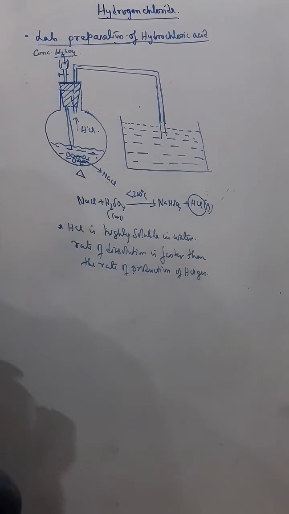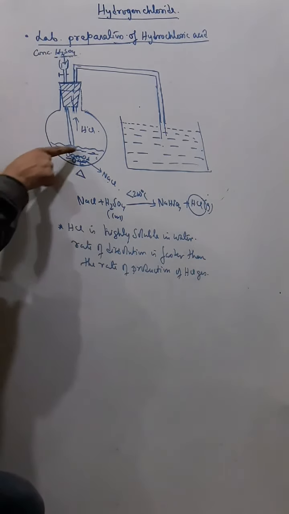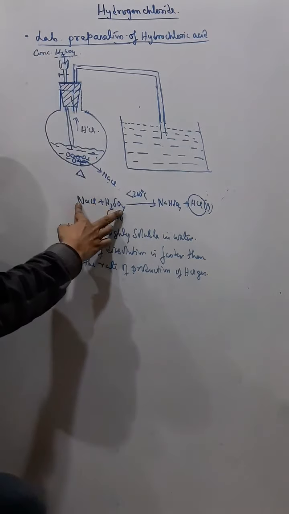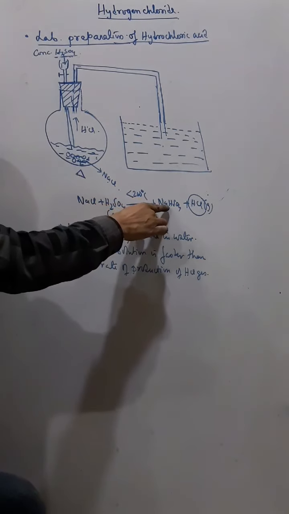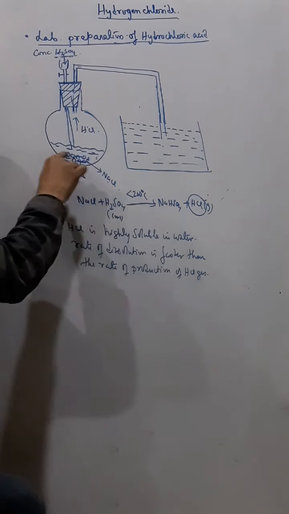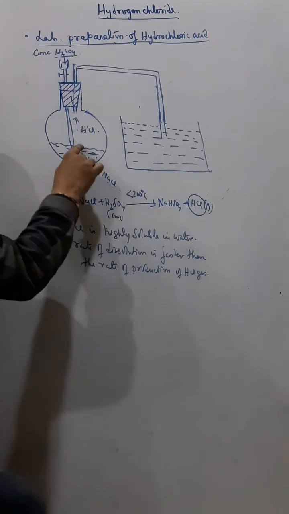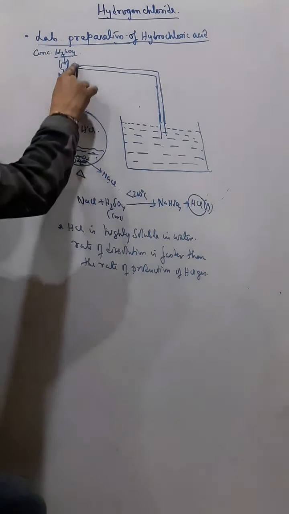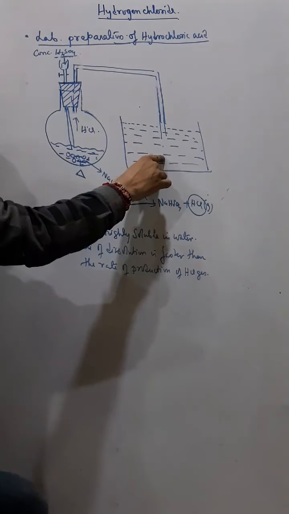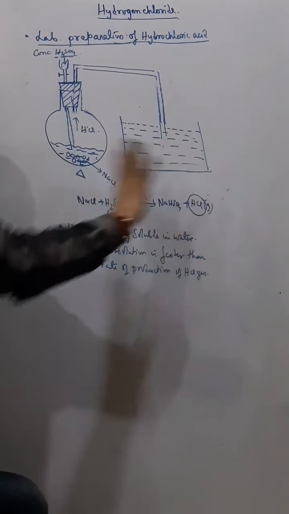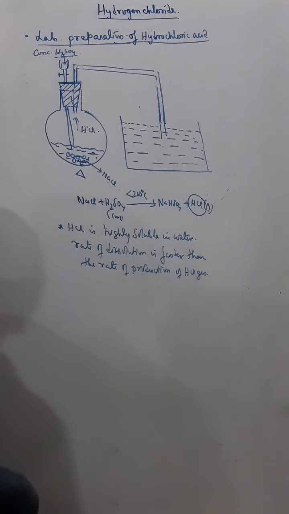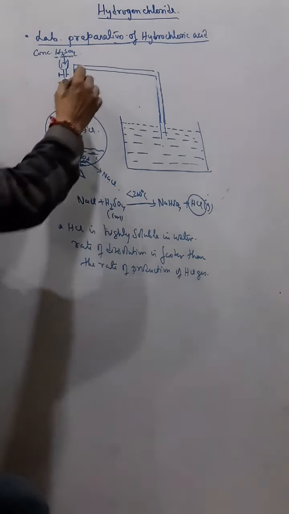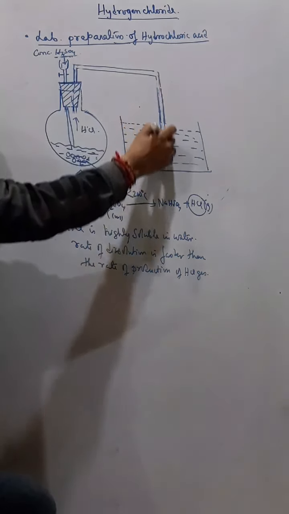That means when NaCl and H2SO4 react, we get NaHSO4, which remains in the solution, and we get HCl gas, and this HCl gas dissolves here and we get hydrochloric acid. That is the concept. But the thing is that the hydrogen chloride gas dissolves at once.